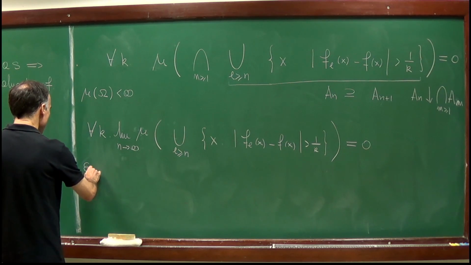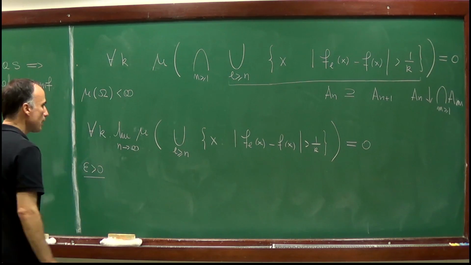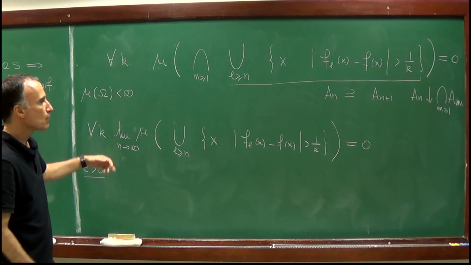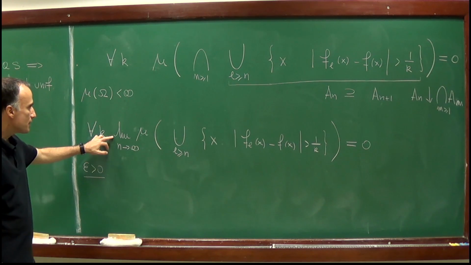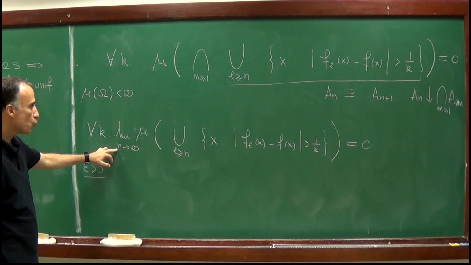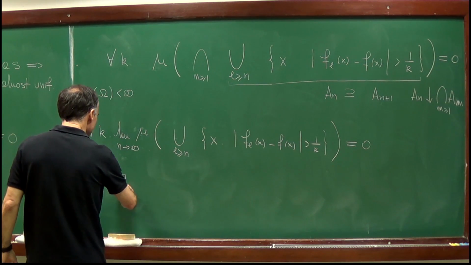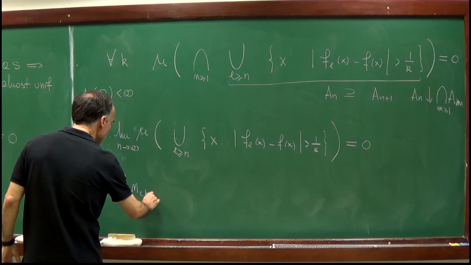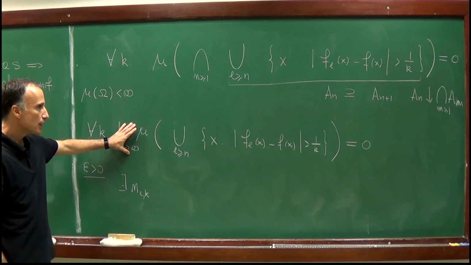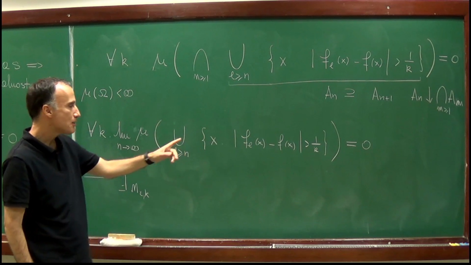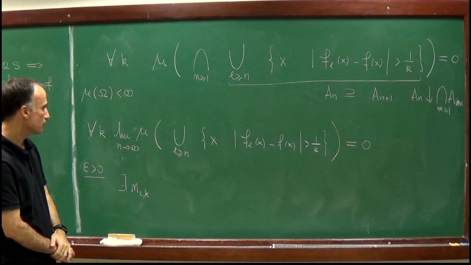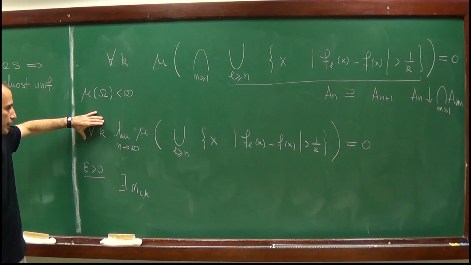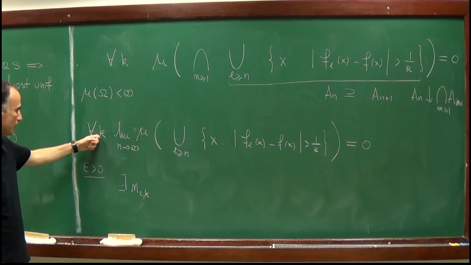So let's fix epsilon positive, and this is true for all k, which means that we can find n, which depends on epsilon and k, for which this measure is bounded by epsilon divided by 2 to the power k. So what I claim is that this holds for all k. So let's fix one k and one epsilon.